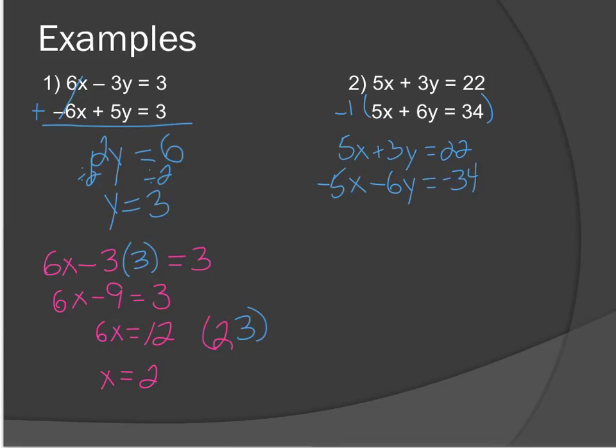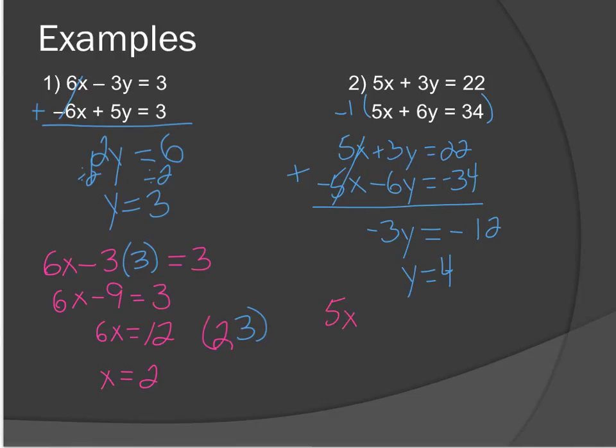Now I have the same coefficient, opposite signs. And if I add them together, my x's eliminate. I'm left with negative 3y equals negative 12. Divide by negative 3, you get y equals positive 4. Again, once we get one of our answers, I go back to an original one. So let's say the first one.